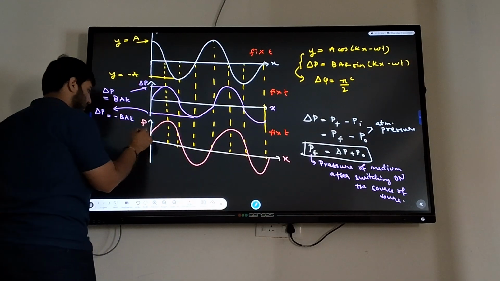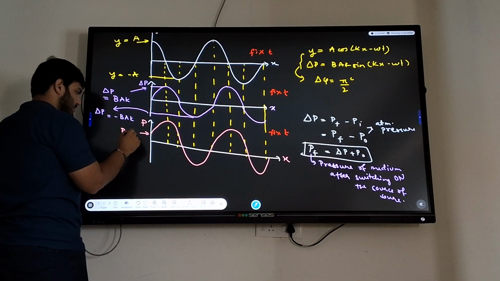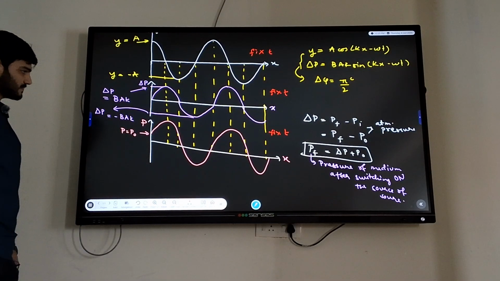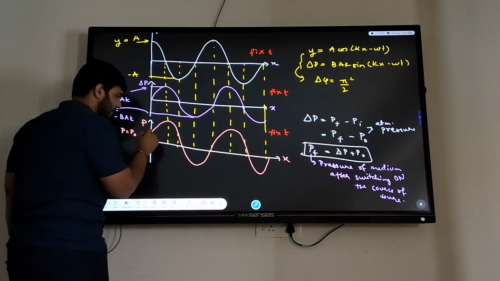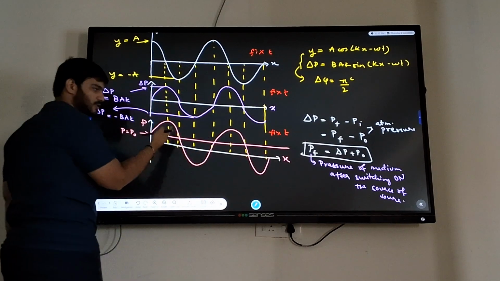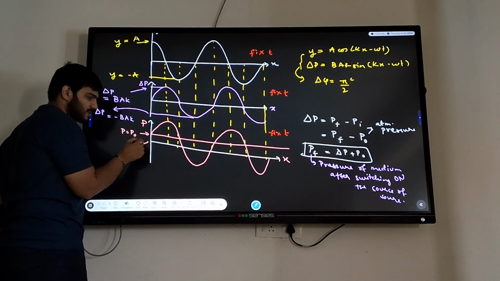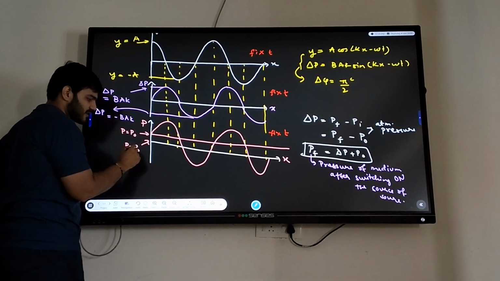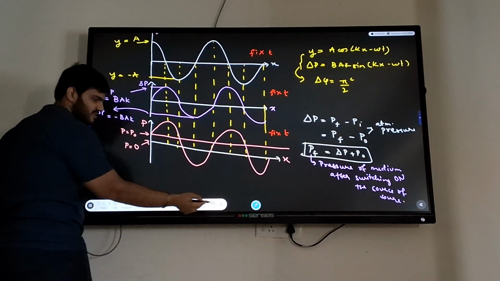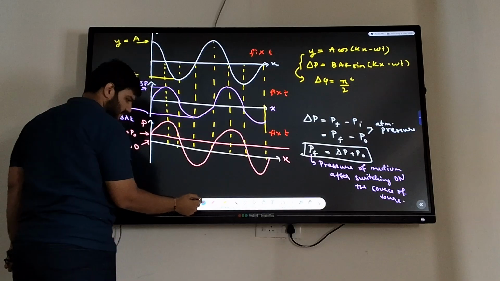And where are you starting from? P equal to P naught. And if you were to make a P equal to P naught line, then with respect to P equal to P naught, this will be symmetric. But with respect to P equal to 0, it's asymmetric. And what is the max value of this?